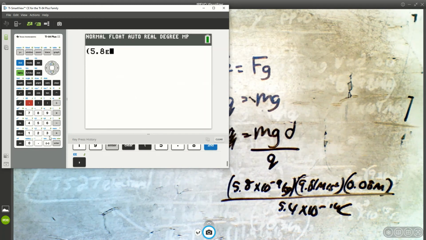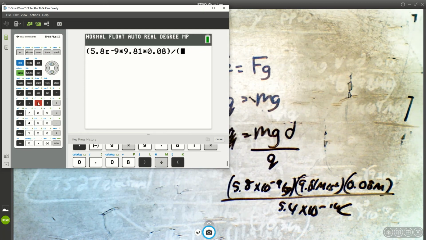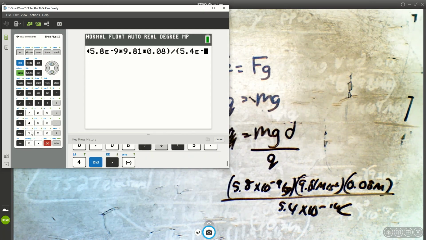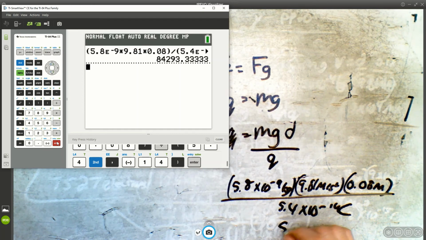5.8 times 10 to the negative 9 times 9.81 times 0.08 divided by 5.4 times 10 to the negative 14, and we get this big one, 85 kilovolts. 85 times 10 to the 3 volts, 84.